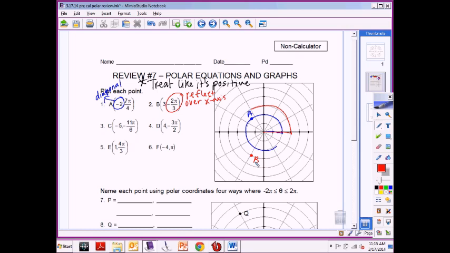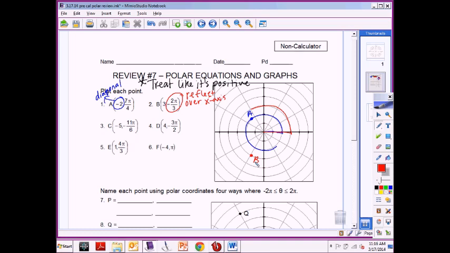So, when I have a negative radius, mathematically that means I am adding or subtracting 180, right? When I'm looking at it graphically, that means I'm going diagonal. Capiche? Alright. When I have a negative angle, I'm going to act normal.